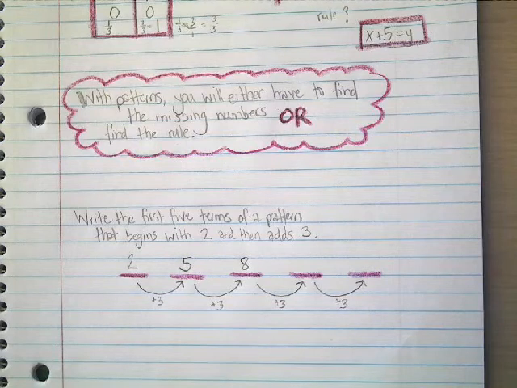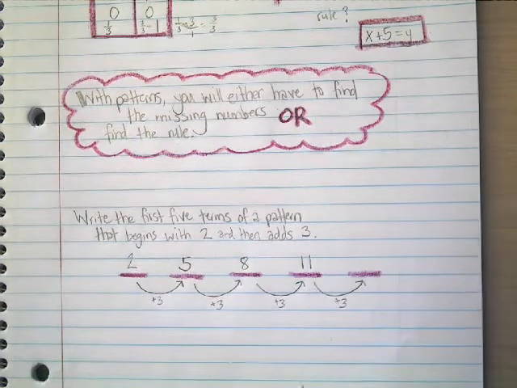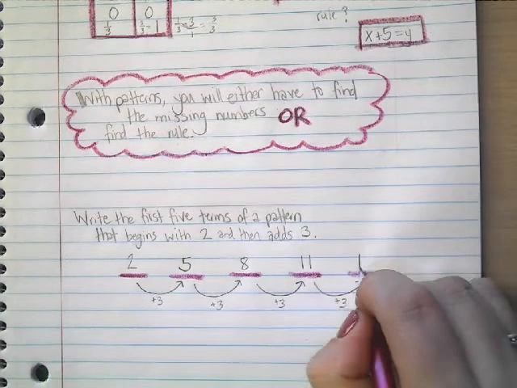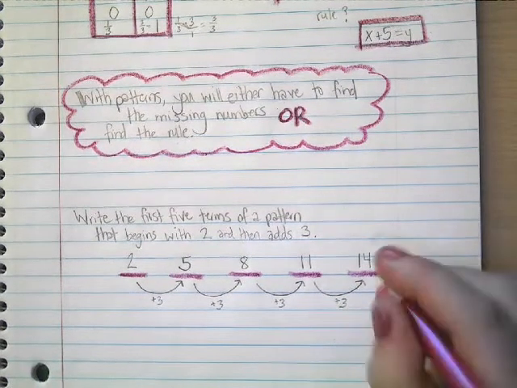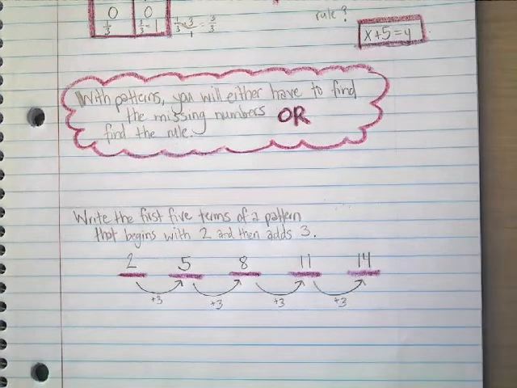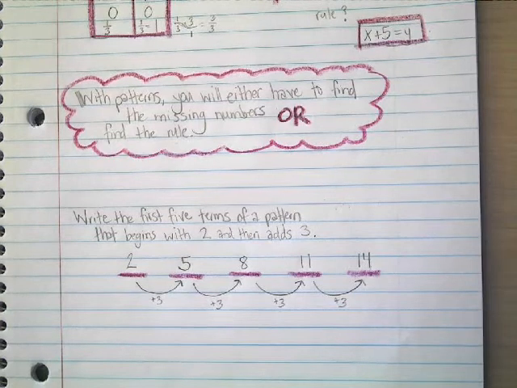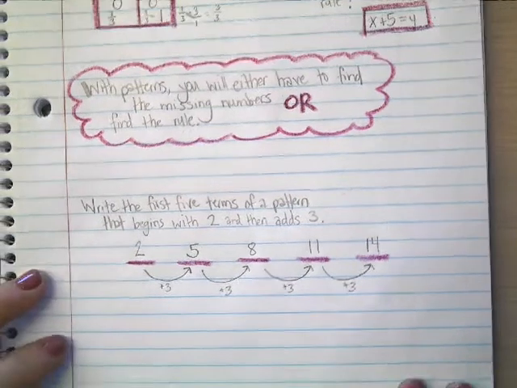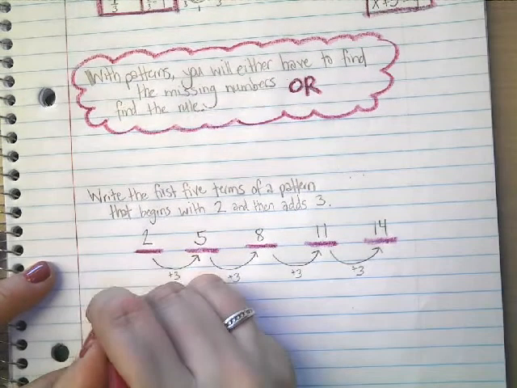Next number after 8, if you're adding 3 to it, should be 11. And then after that, if you take 11 and you add 3, it should be 14. Okay, so the first 5 terms of this pattern are, say them with me, 2, 5, 8, 11, 14.